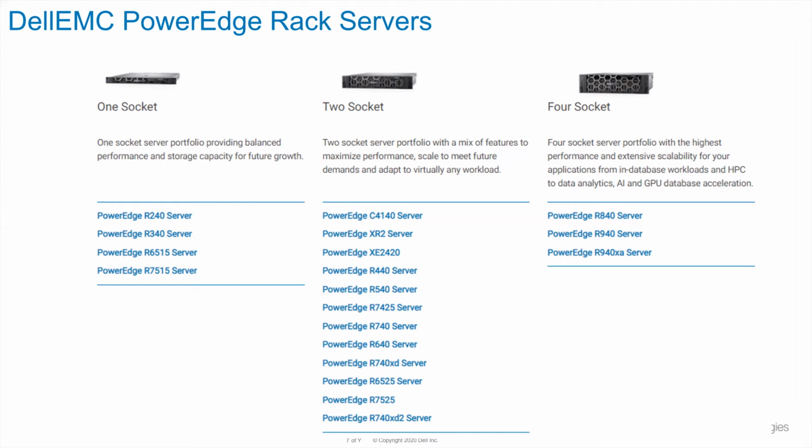2-socket tends to be the sweet spot, in particular for SES deployments, which we're talking about today. The R740, the R640, and the R740XD are in that sweet spot.